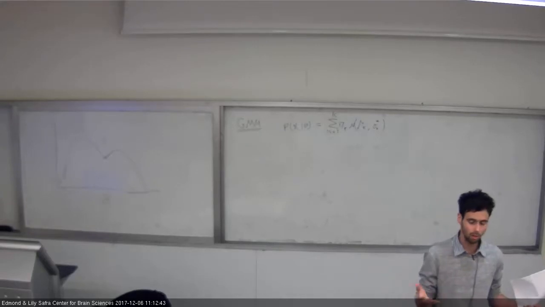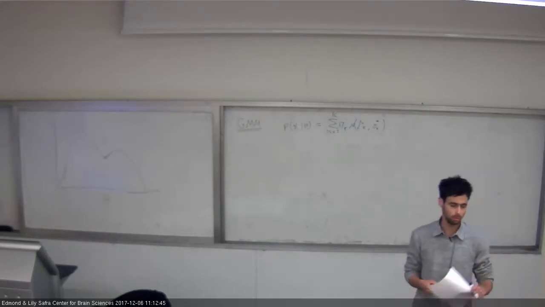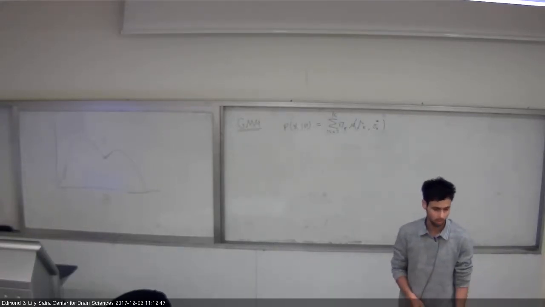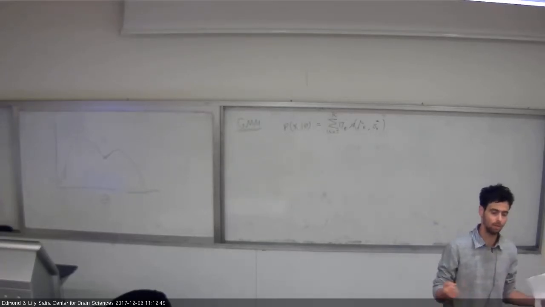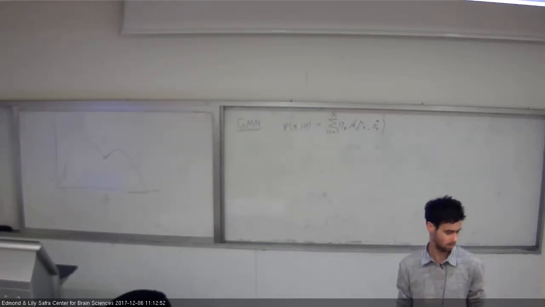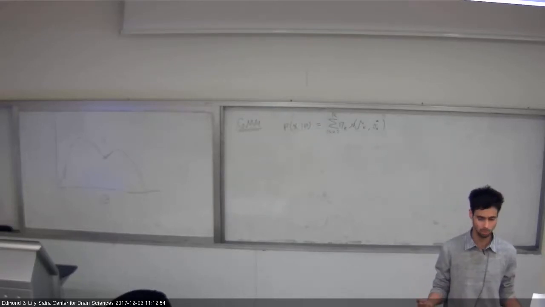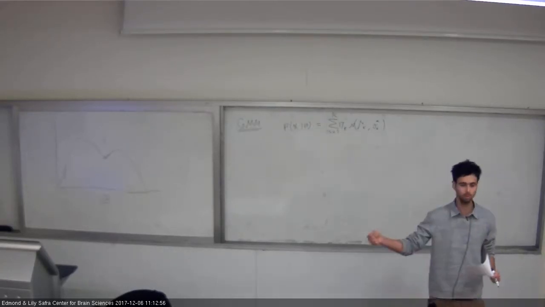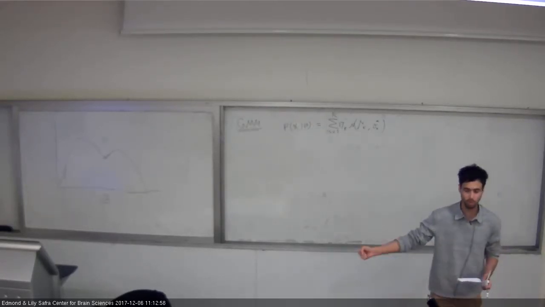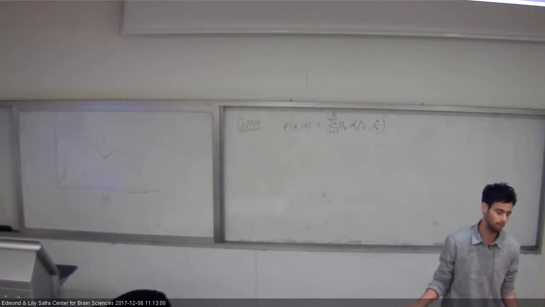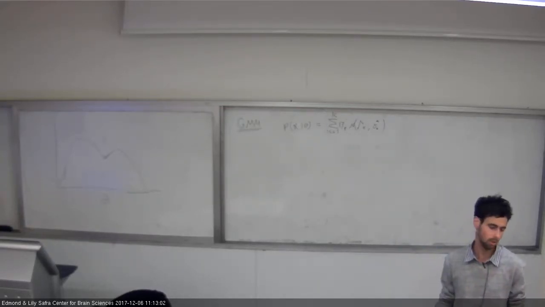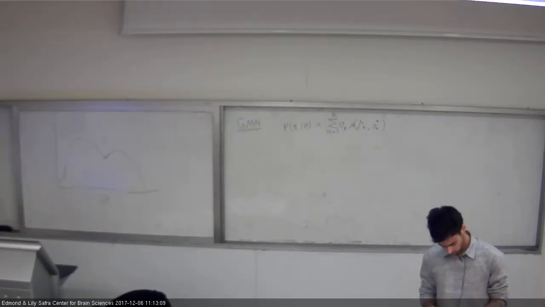If we don't know what the stimulus is, it's hard to estimate the parameters of this distribution. It's a complicated distribution. But if we know the stimulus, it becomes Poisson, and we know how to compute the maximum likelihood.